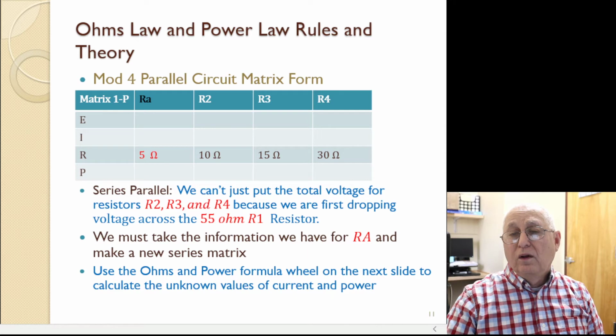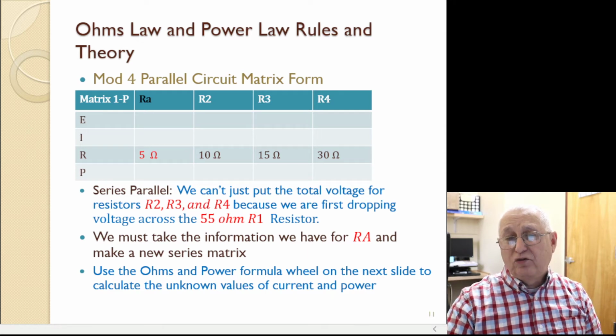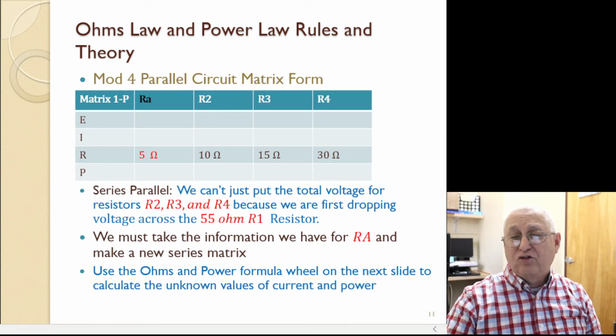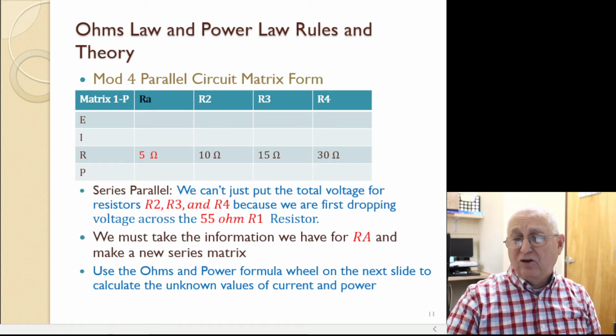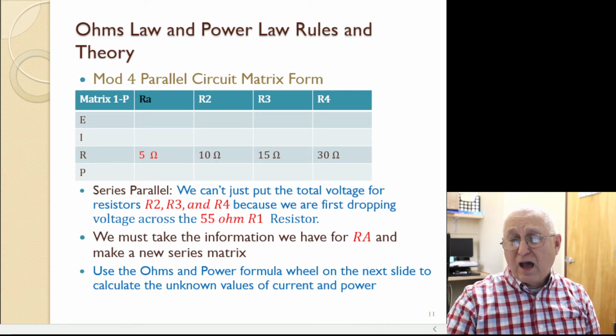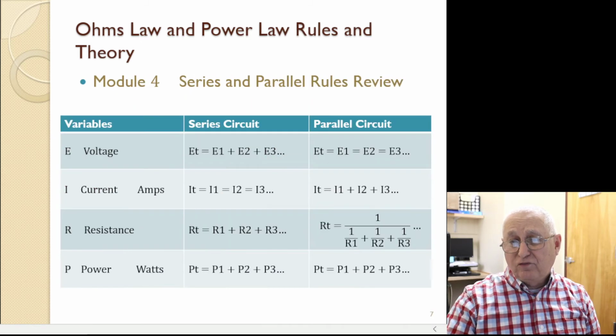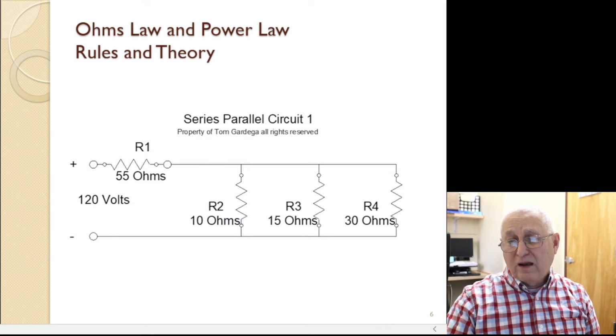So now I'm going to take that 5 ohms here and put it into the next matrix, series parallel. We can't just put the total voltage up here at RA because it is not going back. Let's look at this voltage that we had, 120 volts.